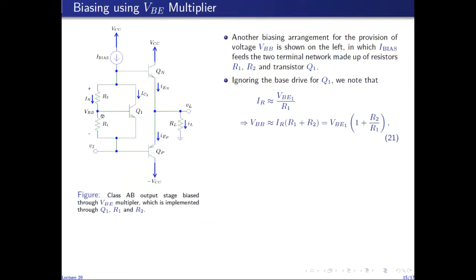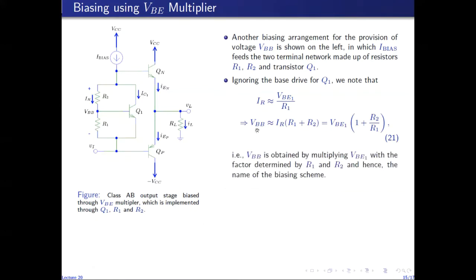So the voltage across R1 is the base-to-emitter voltage of Q1. So IR is approximated as VBE1, which is the base-to-emitter voltage of Q1, divided by R1. So we can replace IR with VBE1 over R1 and multiply by 1 over R1 inside the parentheses to get this factor.